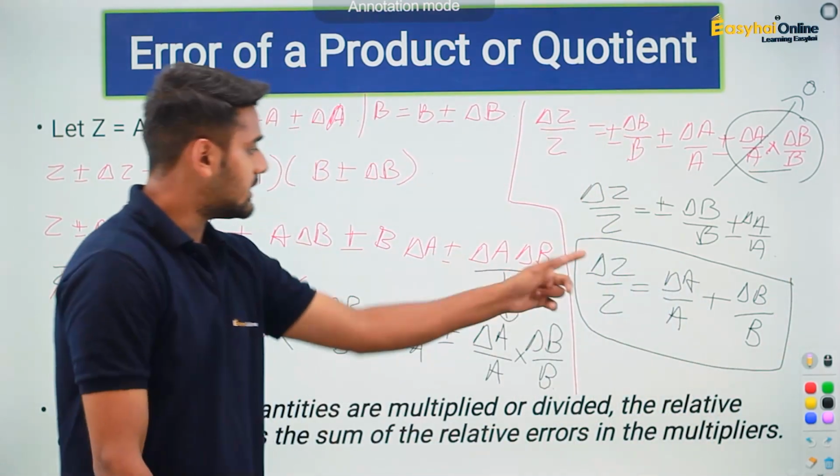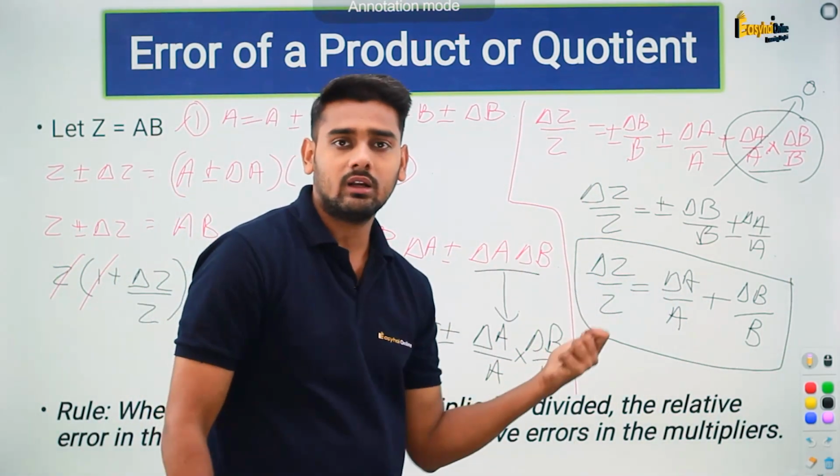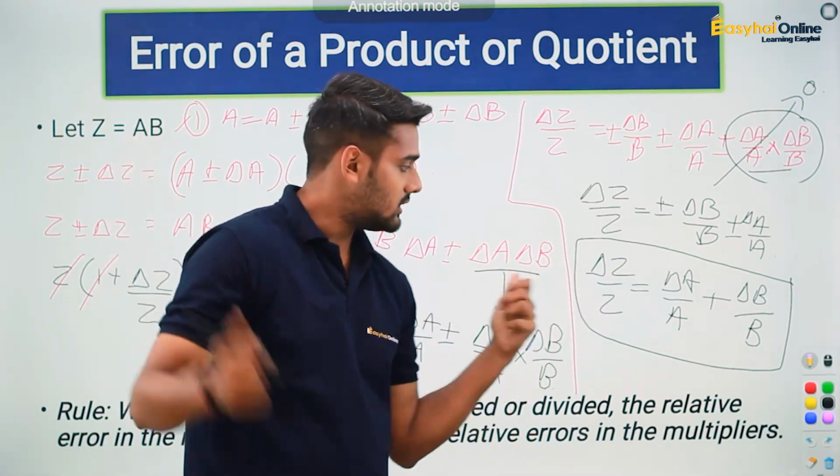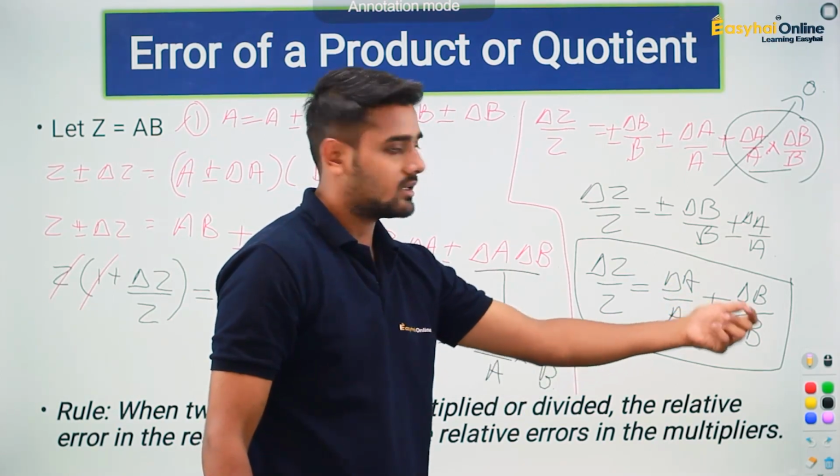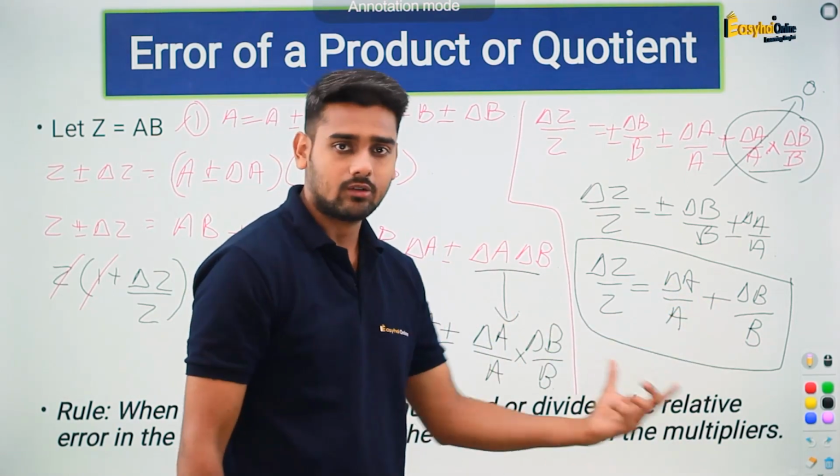So delta Z upon Z, which is the relative error in physical quantity Z, is going to be equal to the relative error in A plus the relative error in B. That's the equation that you get.